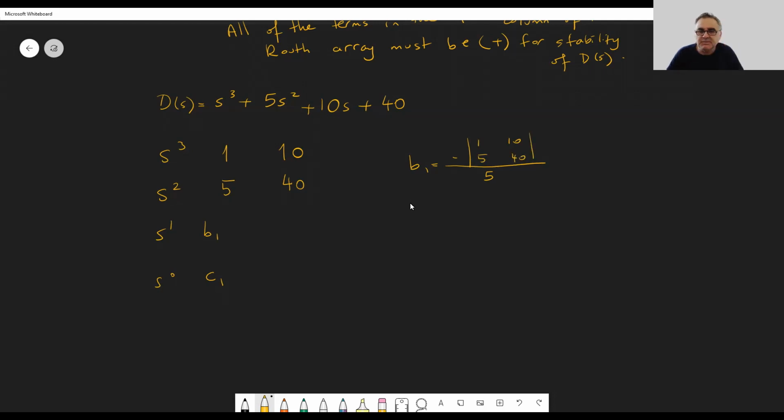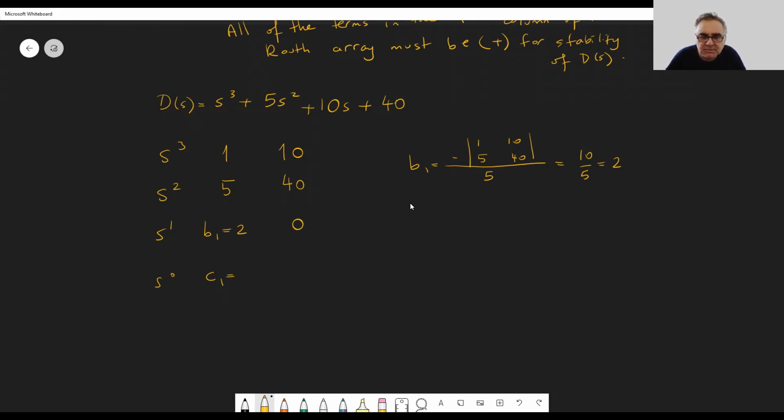So it is 50 minus 40, which is 10, over 5, which is 2. So B1 is 2. This one is 0 because you don't have anything to find out.